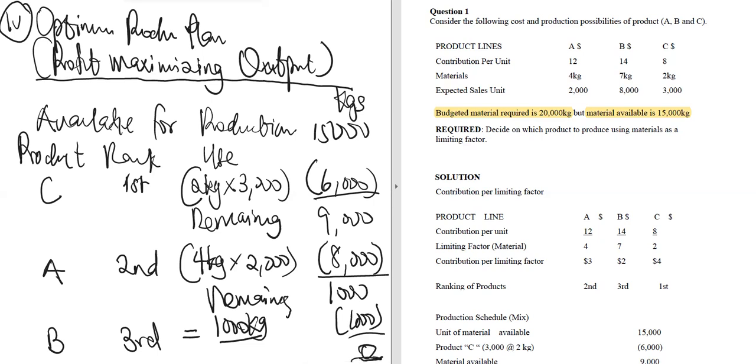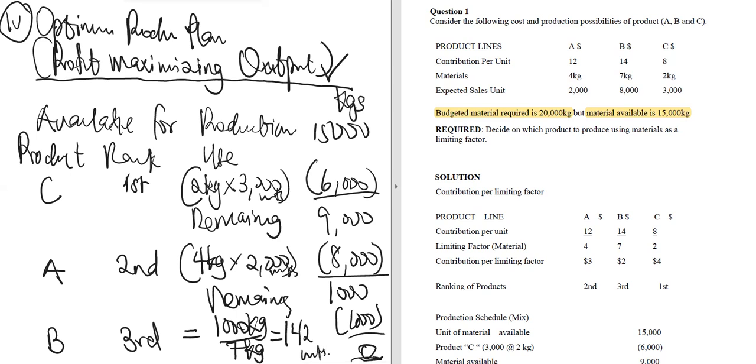We know this guy you can produce 3,000 units, this guy 2,000 units. But remember, we are finding the profit maximizing output. That means production units. So if I divide 1,000 by 7, I end up with 142 units. That means we can use this 1,000 kg to produce 142 units more.